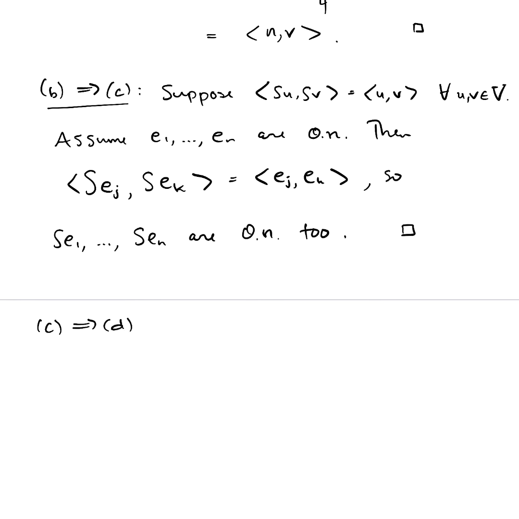Okay, let's go for C implies D next. In this one, we're supposing C holds and trying to argue that D holds, so let's just write it like this. Suppose S preserves orthonormality.